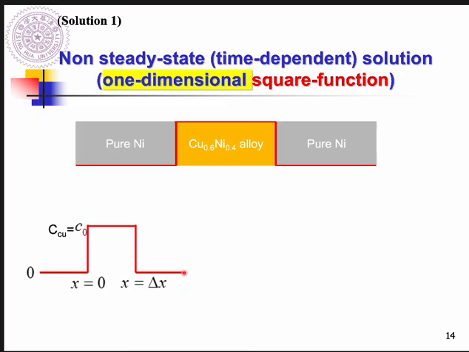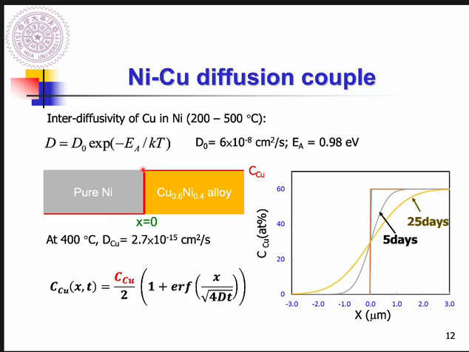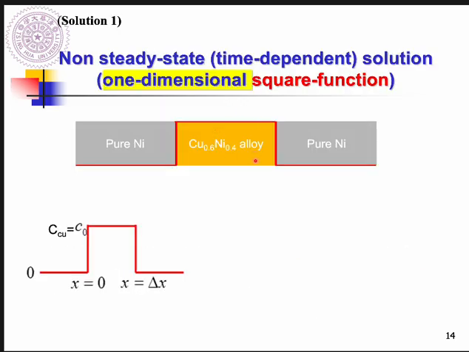The first thing that comes to your mind is the solution you have learned for the step function. This is similar, right? Because this looks like just half of this material.